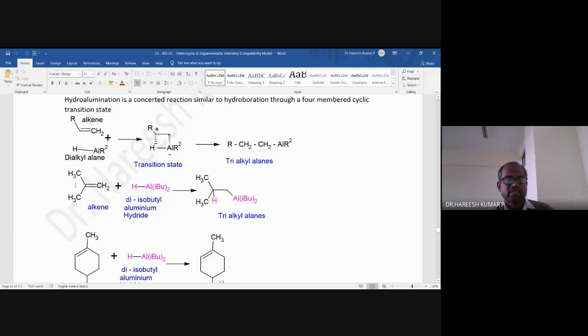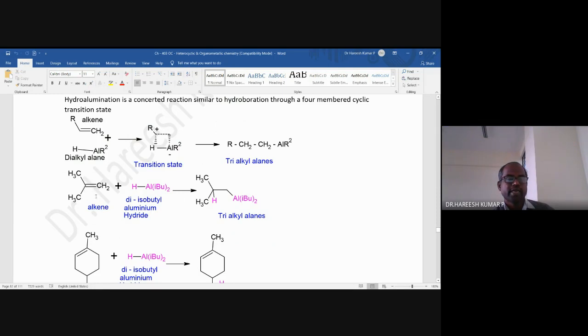Look here, this is one alkene. What is the name of this alkene? Isobutene. It is the one with the fragrance when you are opening the knob of the kitchen LPG gas. That fragrance is because of this isobutene.